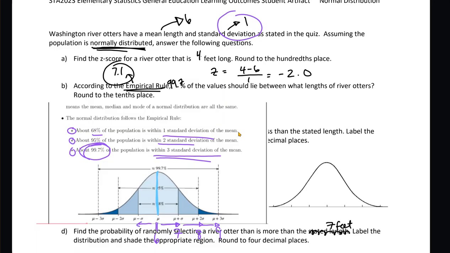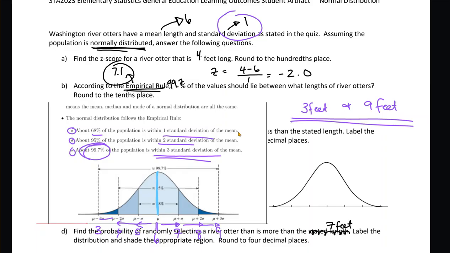And in the opposite direction, 1 standard deviation away from 6 is 5. Another one away is 4. Another one is 3. So for this problem, 99.7% of all the values should lie between 3 feet and 9 feet. And our reasoning for that is 3 standard deviations to the right of the mean and to the left of the mean.